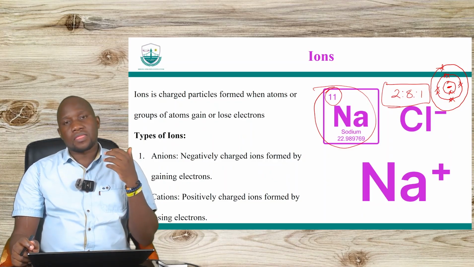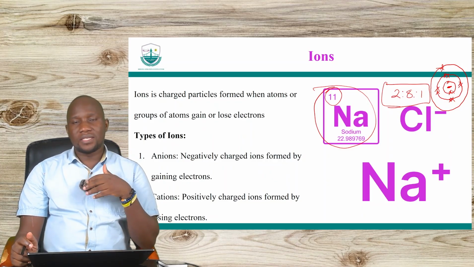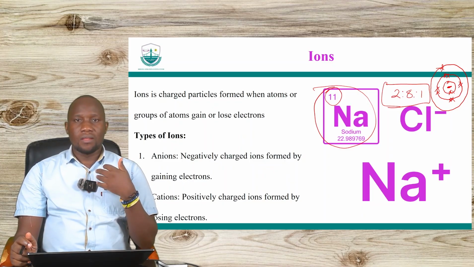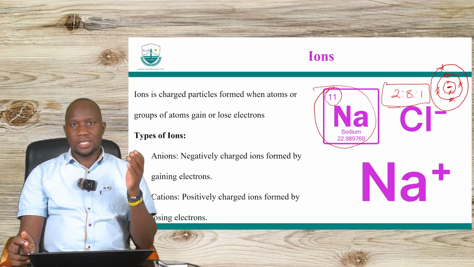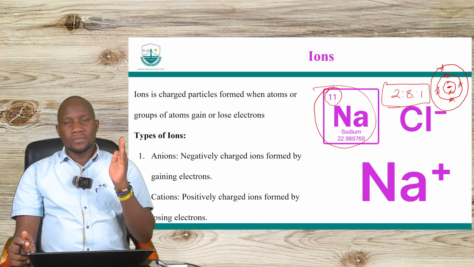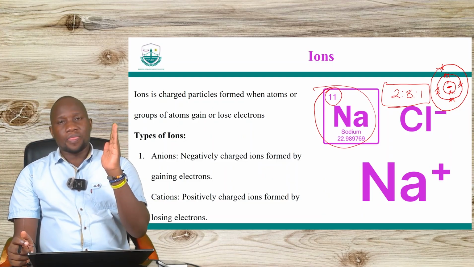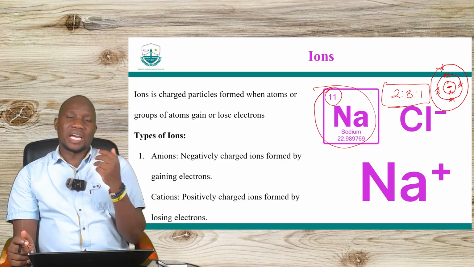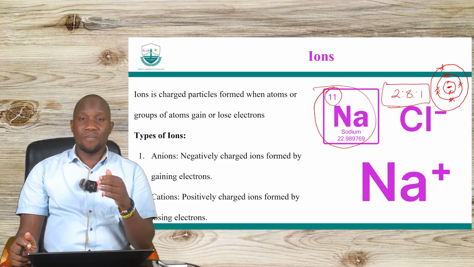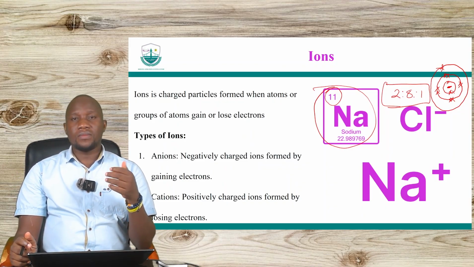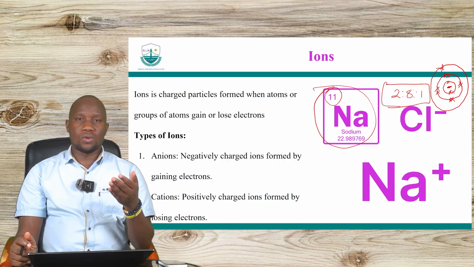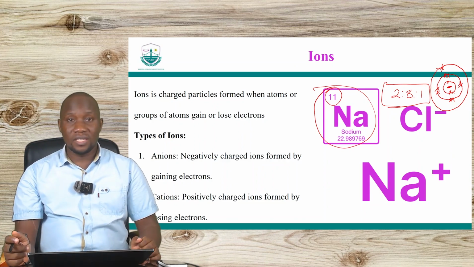Now, we have what we call noble gas configuration. The noble gas configuration is that the outermost shell can have 2 electrons, or can have 8 electrons.